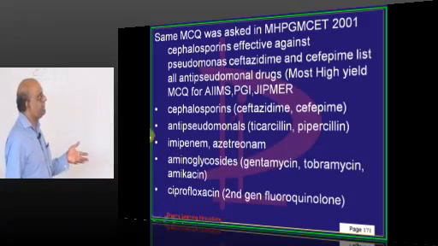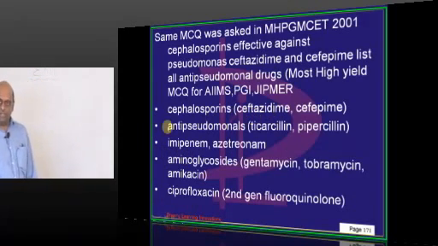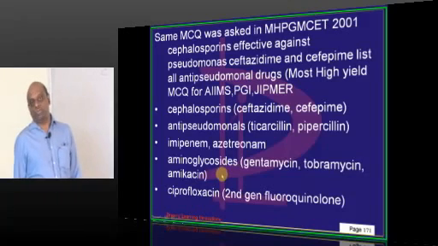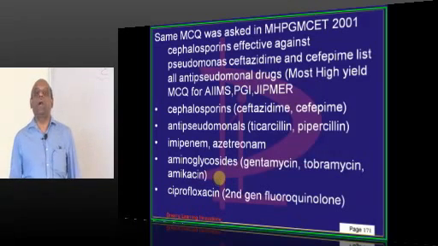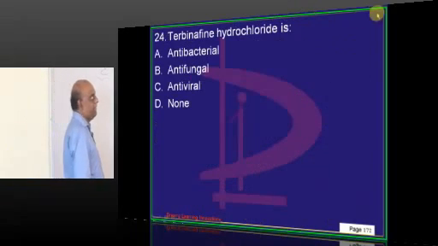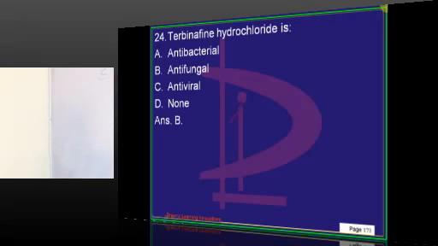So ceftazidime, cefepime, ticarcillin, piperacillin, imipenem, aztreonam, gentamicin, tobramycin, amikacin, and ciprofloxacin, which is a second generation fluoroquinolone. They are the armamentarium that you have to fight against pseudomonas, is what you need to basically remember. Terbinafine is fundamentally called antifungal.